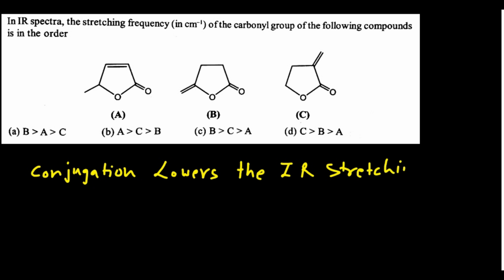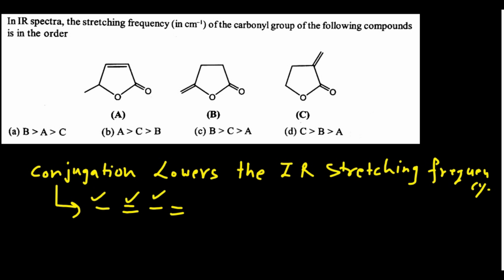And you know the meaning of conjugation? Conjugation means the presence of alternating single and double bonds. Then you can say it is conjugated.